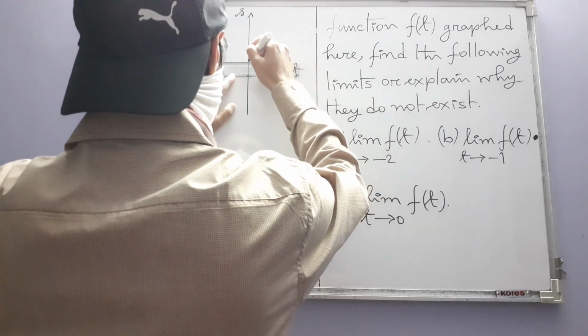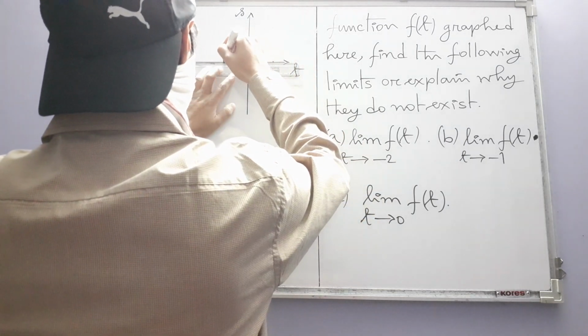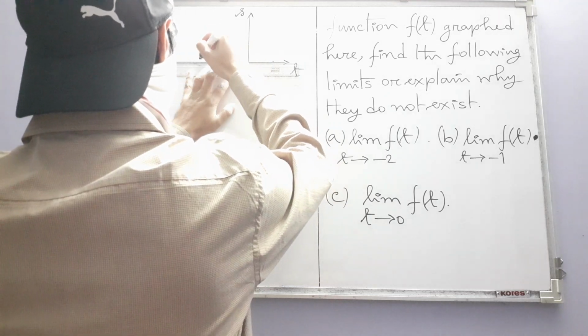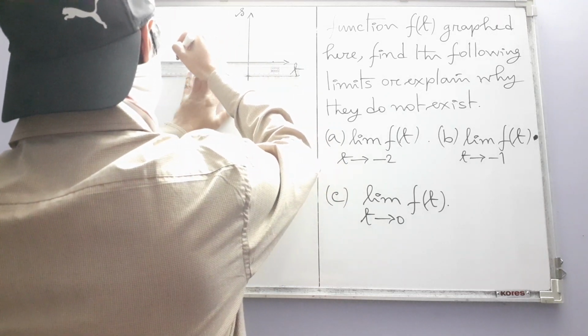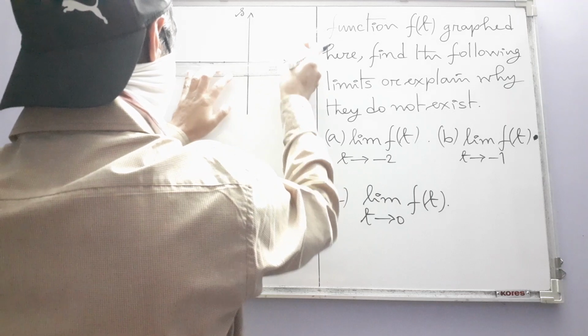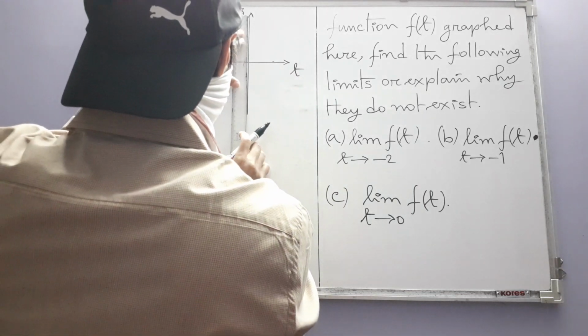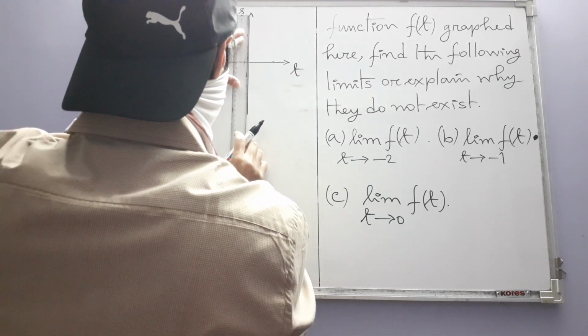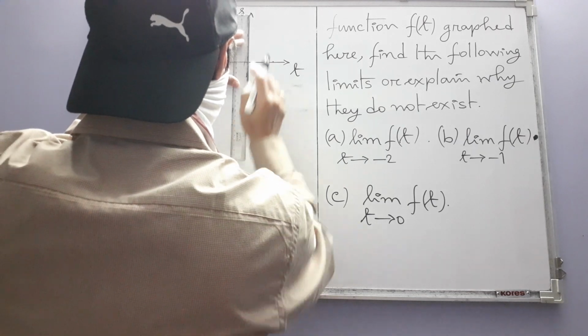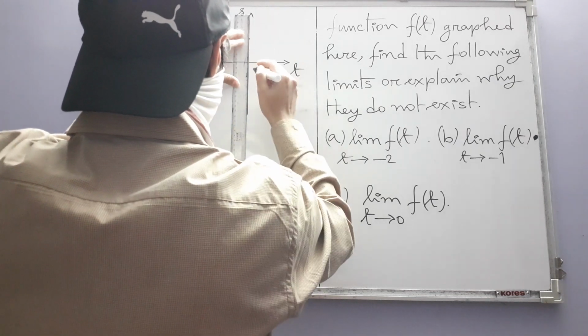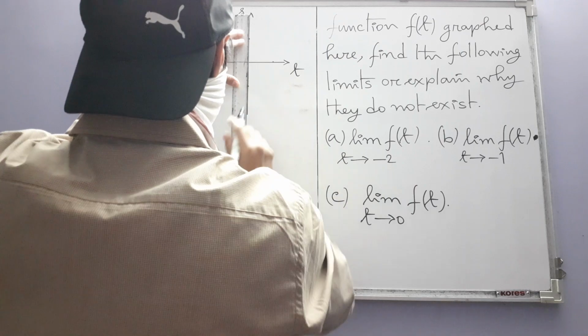So this is 1, 0, minus 1, minus 2, minus 3, and on the y-axis also we would need 1, 0, minus 1.